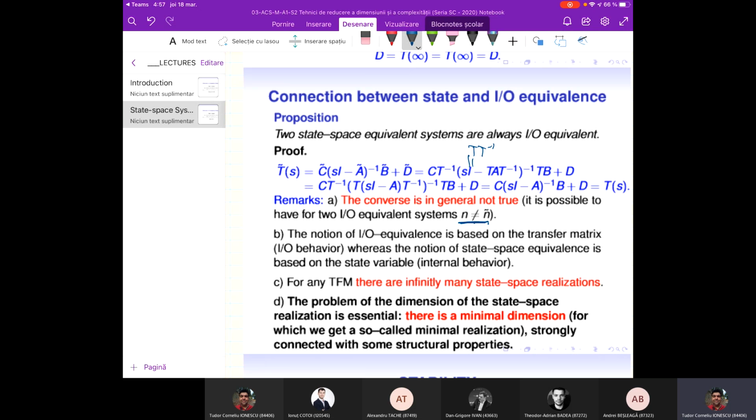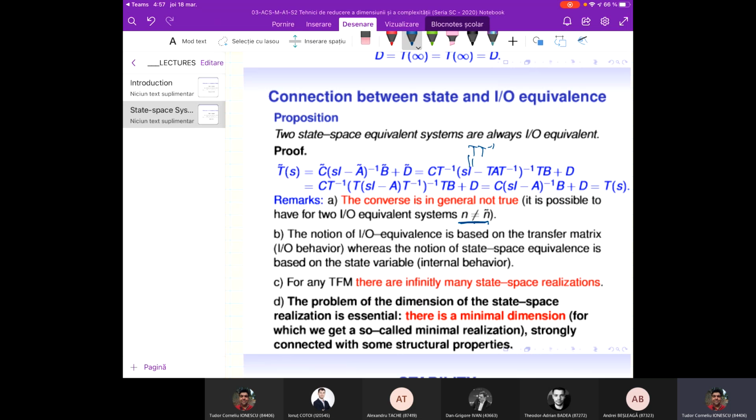The problem of the dimension of the state space realization is essential. So to start with, before going towards approximating dynamical systems with lower dimensional systems, it's relevant to discuss first the so-called problem of a minimal realization, or the minimal dimension of a state space realization for a given transfer matrix. Note that minimal dimension does not mean approximation.